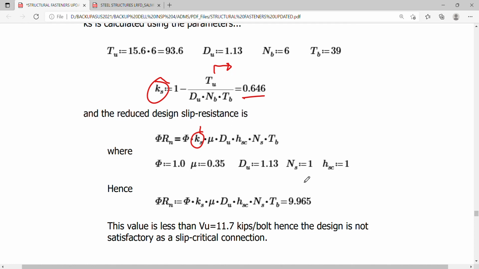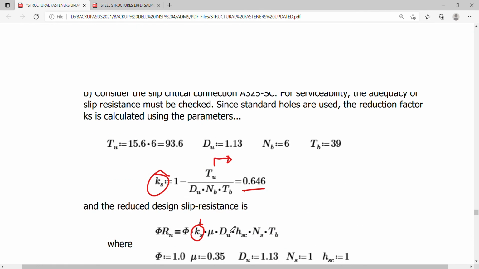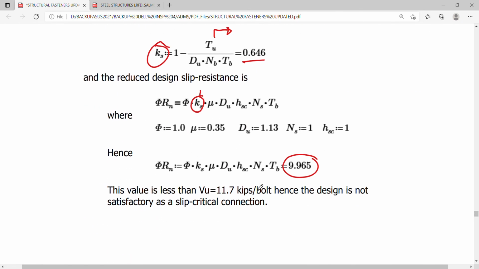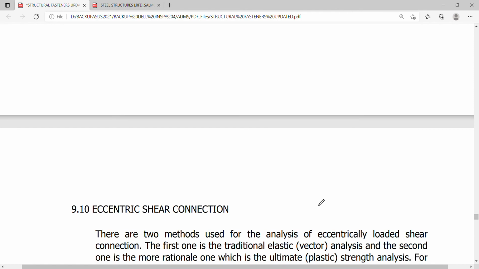Hence, your VRN now becomes 9.965, and this value is less than the value of VU we obtained from this computation of loadings, which is 11.7. Therefore, the design is not satisfactory as a slip critical connection.